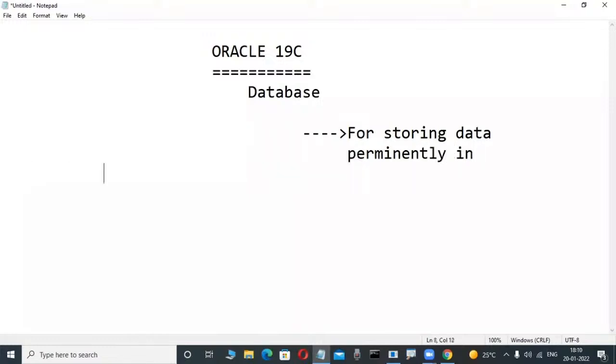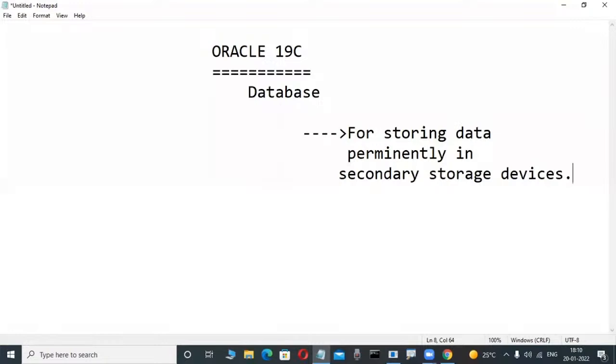Secondary storage devices means maybe a hard disk. Suppose today we are storing data, then after 5 years, 10 years, 20 years, 100 years, your data is still available.